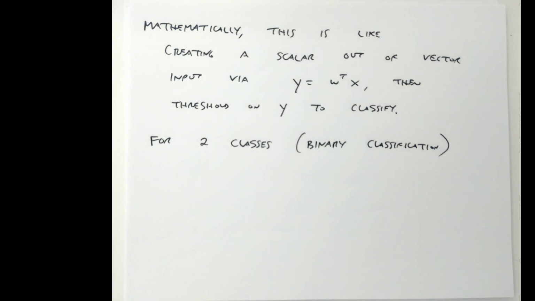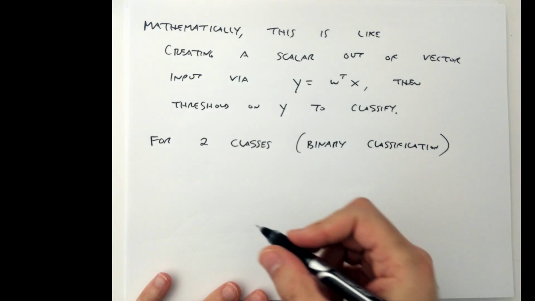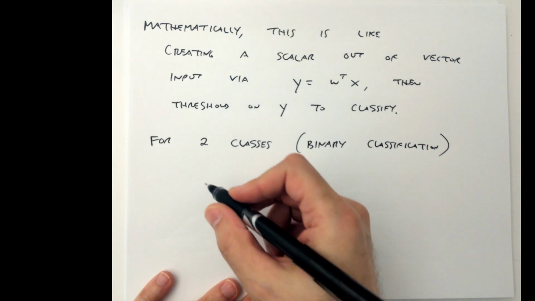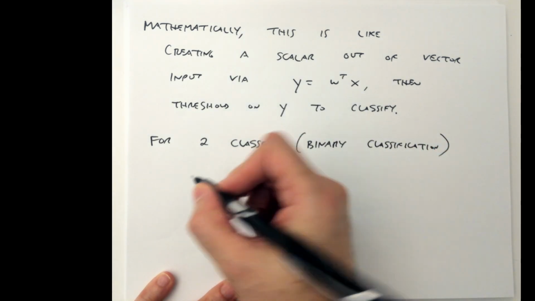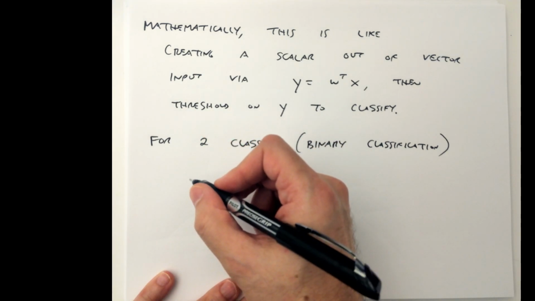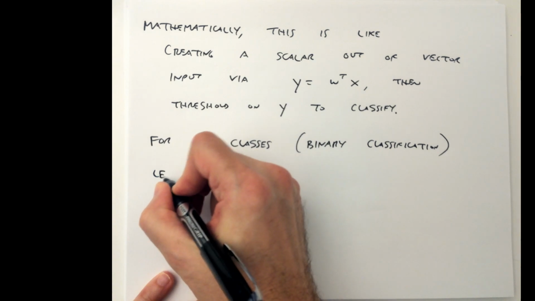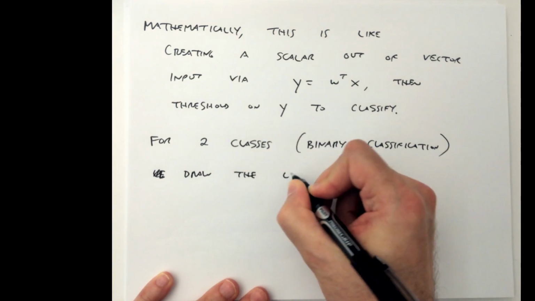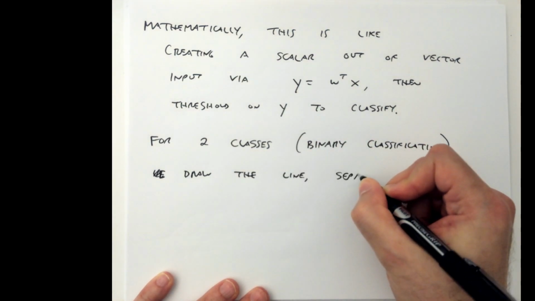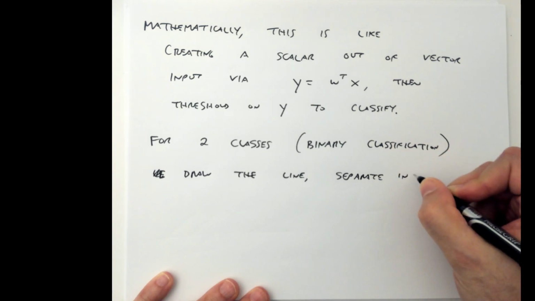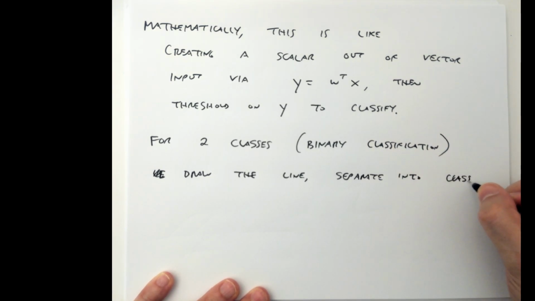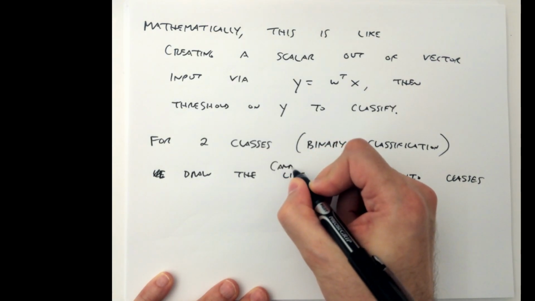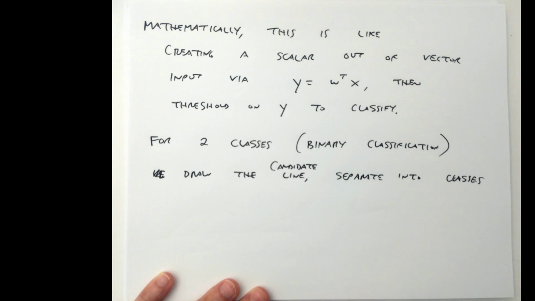So suppose that I have drawn this best line, right? Let's say the line separates the data into classes. So I have a candidate line, and I'm trying to find the best one, right?